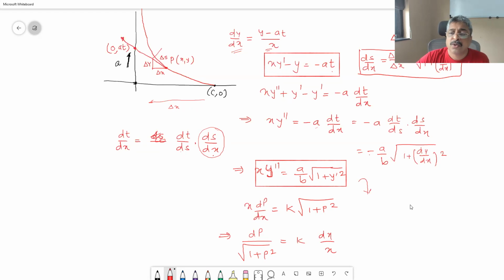And see, when we are writing it dt by dx or dx by dt, if it is upside down, then dx is reducing continuously. As time increases, dx decreases. Velocity is positive. Therefore, this term is going to have a negative sign in it.